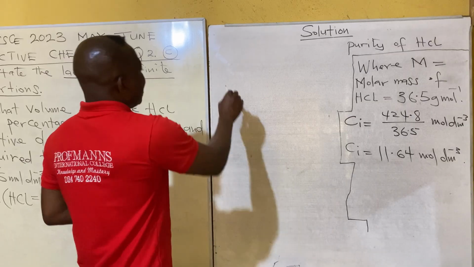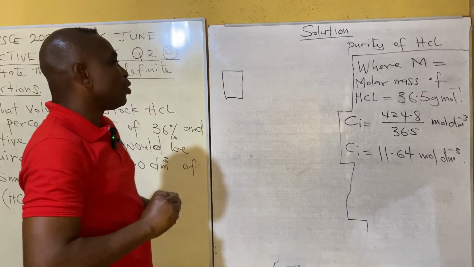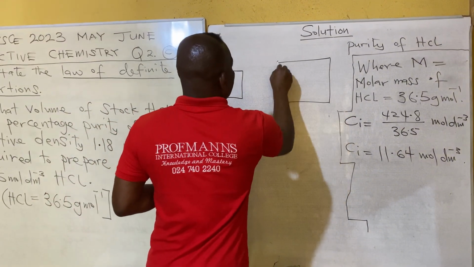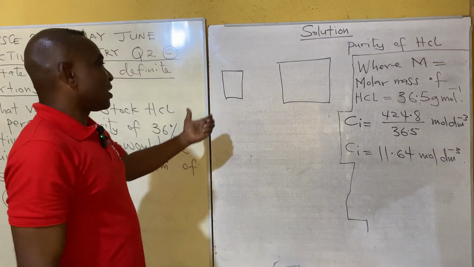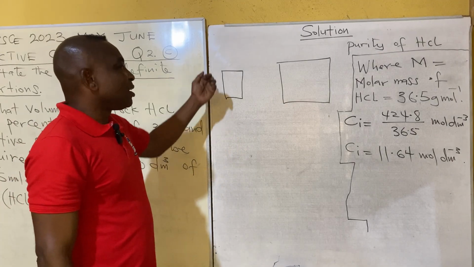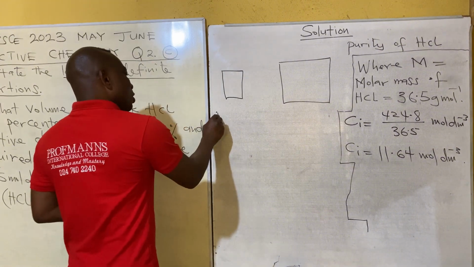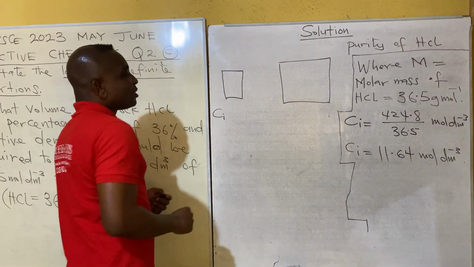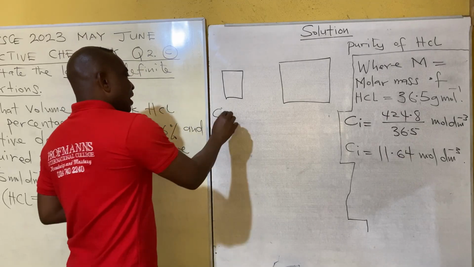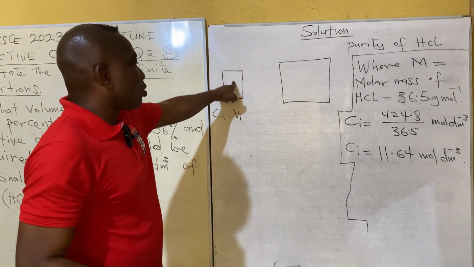Okay, now a stock solution is a solution which is to be diluted to get a diluted solution. So a stock solution is highly concentrated. So more distilled water has to be added to it to create a diluted solution. So in this case, we use Ci to represent the concentration of the stock solution. And then Vi, volume of the stock solution.